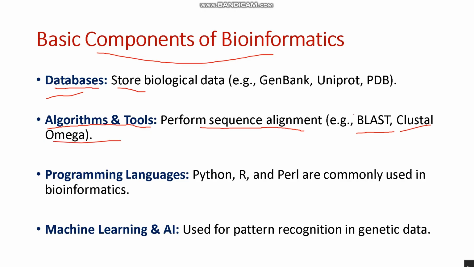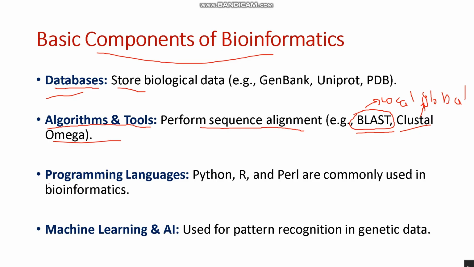BLAST is about local alignment, and Clustal Omega is all about global alignment. In the alignment portion, we will talk about local and global alignment, and we will also talk about pairwise alignment and multiple sequence alignments.